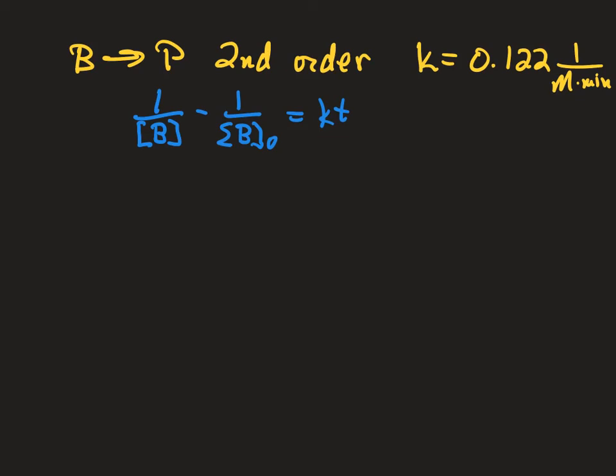Okay, so now we're dealing with the same system. We still have a reactant B going to product. We were told it was second order. With the information we were given in the first part of the problem, we were able to find that our rate constant was 0.122 per molar per minute. Since it's second order, here's our integrated rate equation.